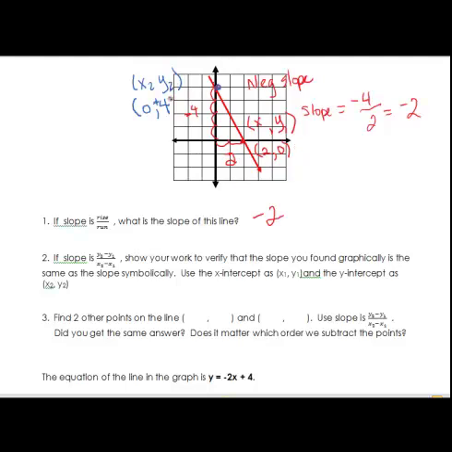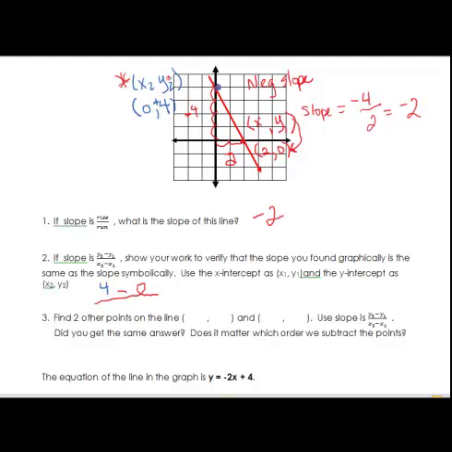So using our formula, y2 we just said was 4. And then minus my y1, which happens to be 0 right here. And then on the other part of our formula, it says x2. And you need to know that you have to start with the same x as the y that you started with from the same point.